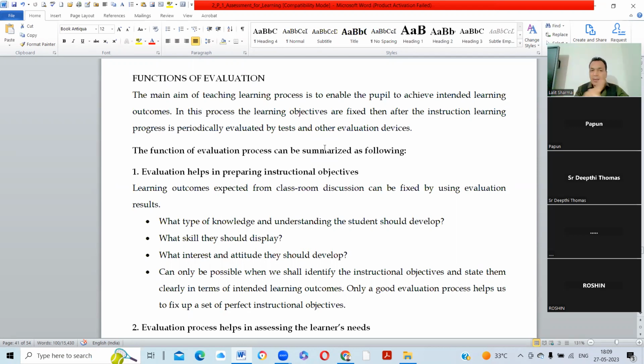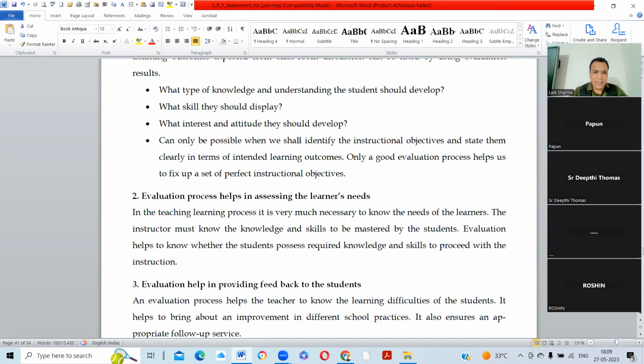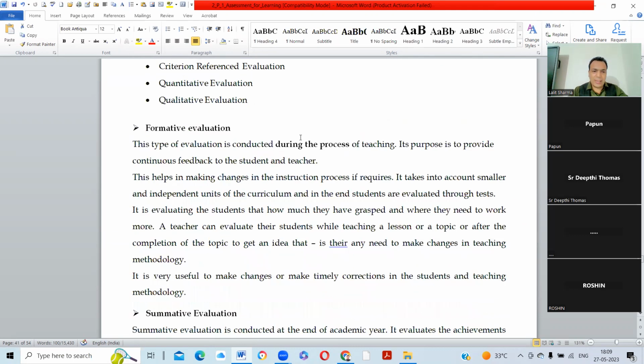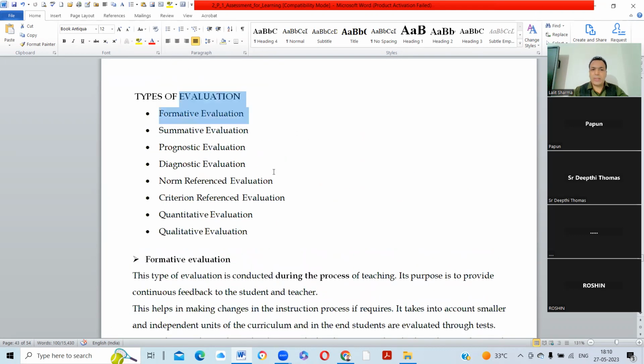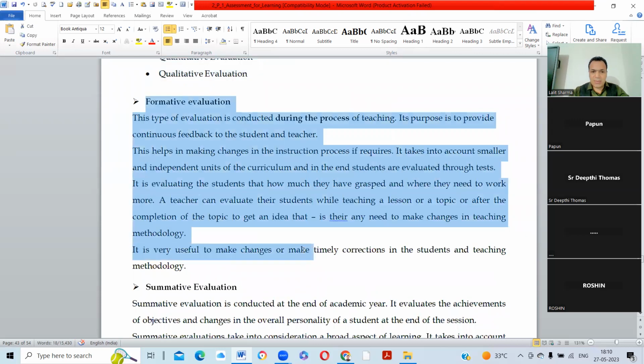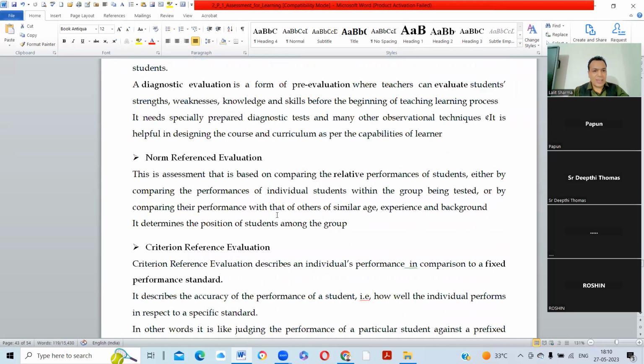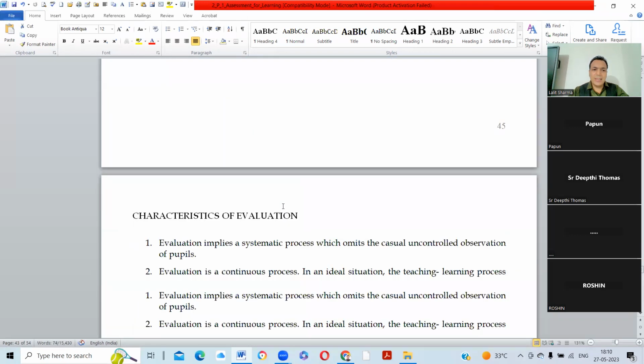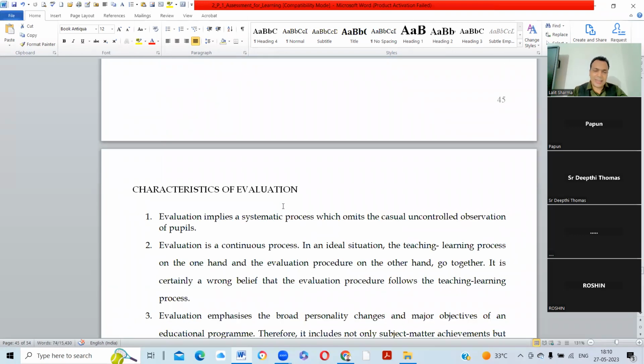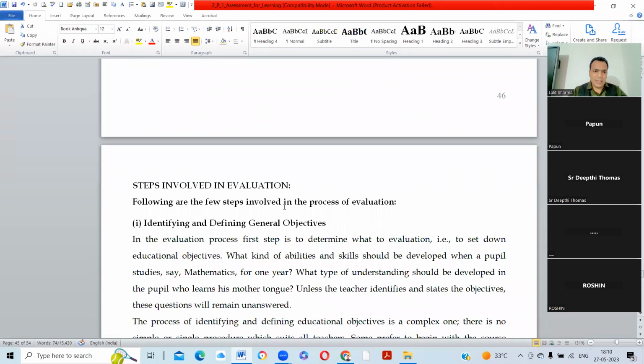So purpose and functions are almost the same, and you can learn the same thing. Now the types of evaluation have come. Look: formative, summative, prognostic, diagnostic, NRE, norm referenced evaluation, CRE, criterion referenced evaluation, quantitative and qualitative. Right guys? I have explained all of these, so you can read them. The rest of the part that remains, we will cover in the next lecture, or we'll start from here.